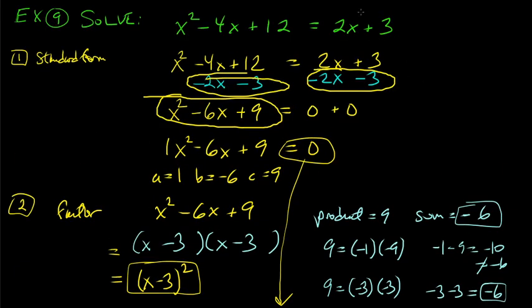Okay, but again, the first thing is you have to make sure that it's in standard form. The right side has to be 0. One mistake is that people try to factor this, because this is also a trinomial. What two numbers multiply to 12 and add to negative 4? It turns out there aren't any.